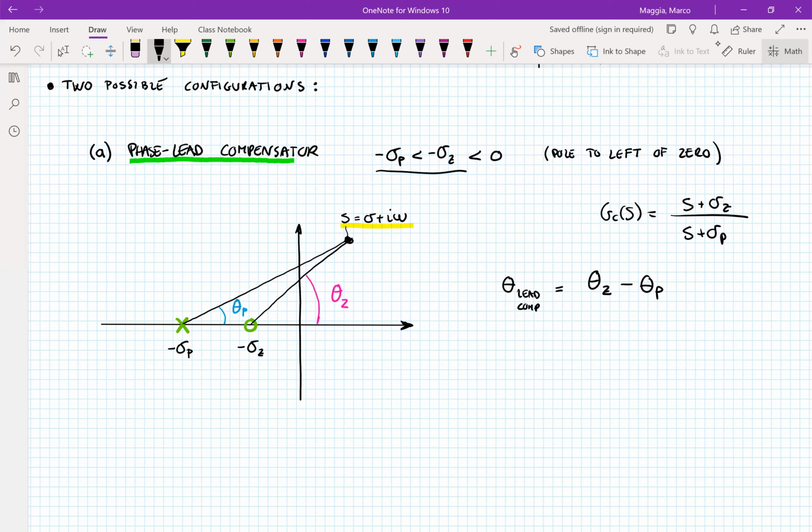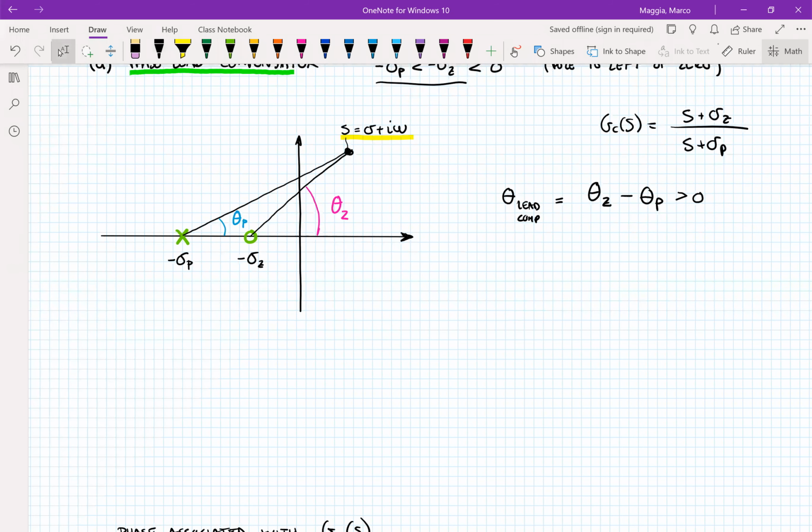You can see from the picture here that theta z is greater than theta p. Therefore, theta z minus theta p is a positive value, so we're adding some phase. Let's just prove it really quickly.